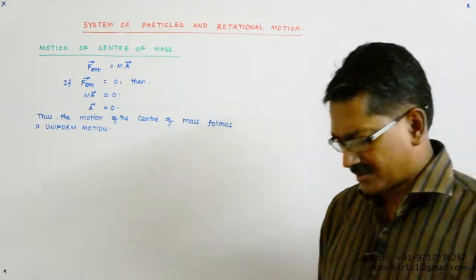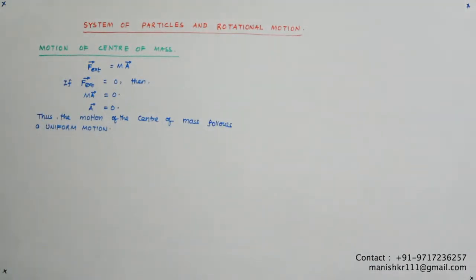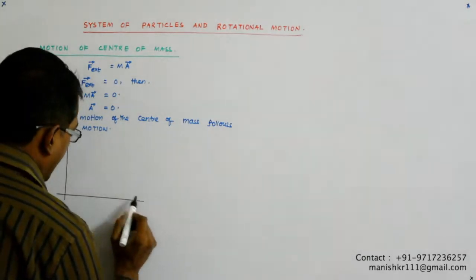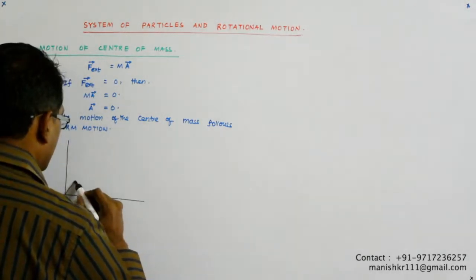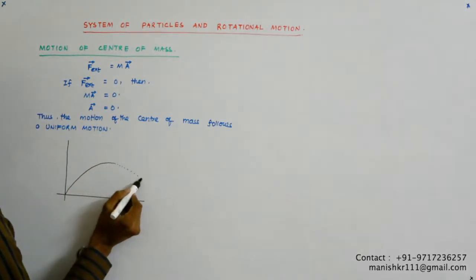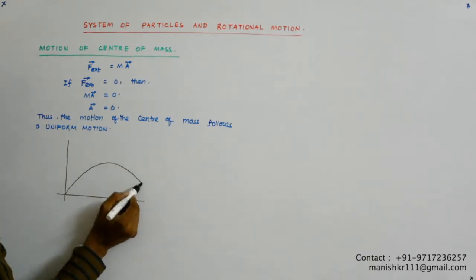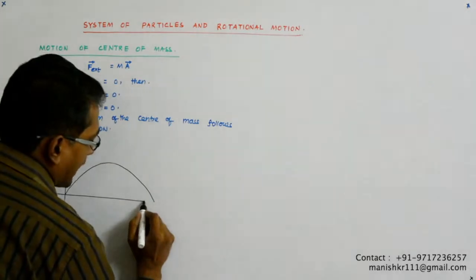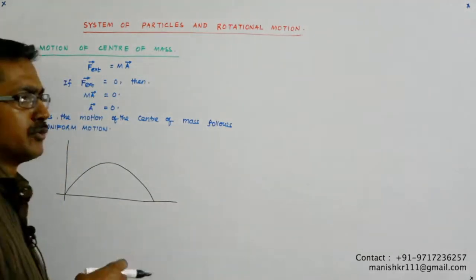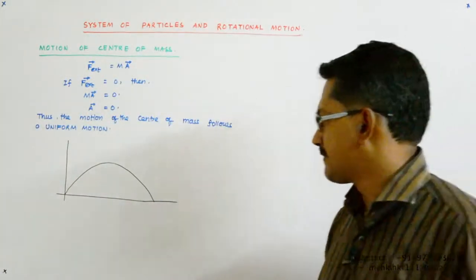Now let us try to understand. Suppose an explosive was thrown at an angle, right? So all the shells that you fire at longer distances, they are like that.